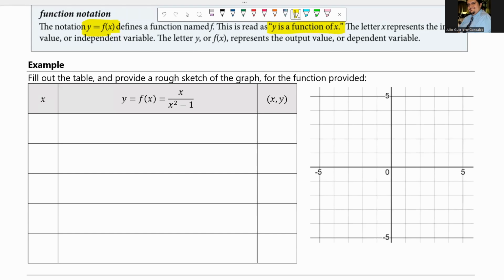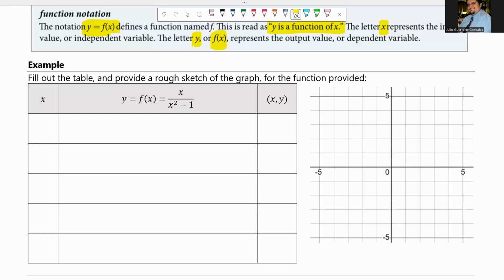The x variable represents input values, and we call those the independent variables. The y values, which we know are equal to f of x values, are the output values. The other word we call them is the dependent variable, as in the y values depend on whatever the x value is.